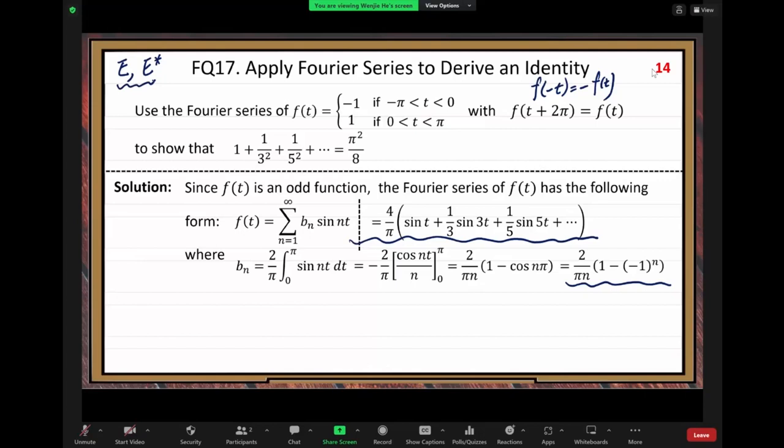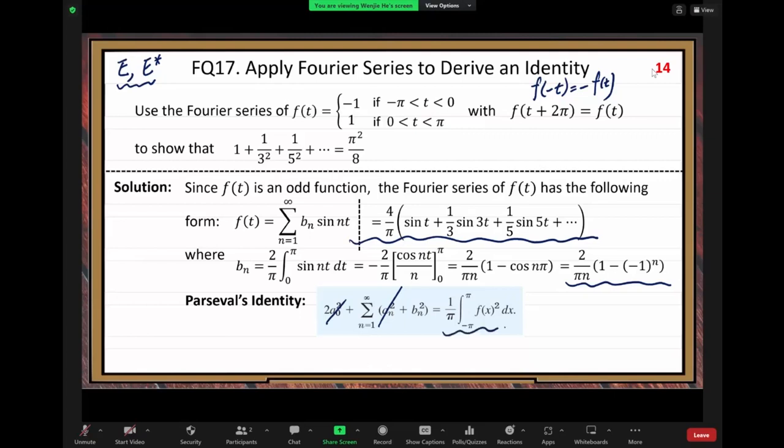You just apply the formula. Here, we only need to bring up the Parseval's identity formula. So this is the general version of the formula. But when we apply it to the current question, you can see all the a coefficients are 0, all gone. So you just take the summation of all the b coefficients.